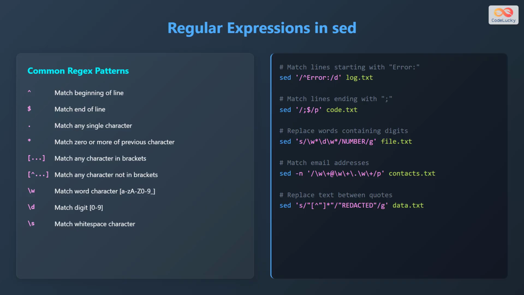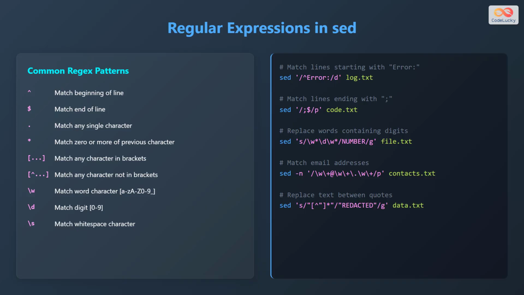Here are some practical examples. sed /^error/d log.txt deletes lines starting with error. sed -n '/;$/p' code.txt prints lines ending with a semicolon. sed s/\w*\d\w*/number/g file.txt replaces words containing digits with number. sed -n '/\w+@\w+\.\w+/p' contact.txt prints email addresses.